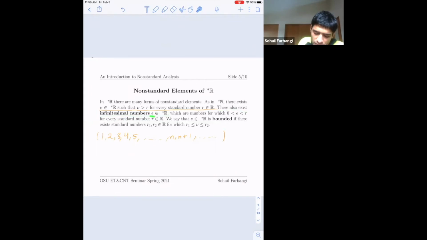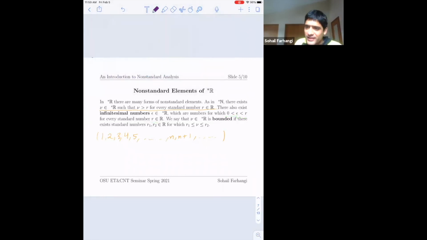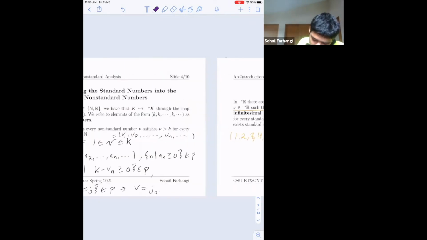So a non-standard real number epsilon is going to be infinitesimal if it is bigger than 0, but smaller than every standard number R. And hopefully you could guess before I write it down how I'm about to construct an example. It's pretty similar to what I've already written.